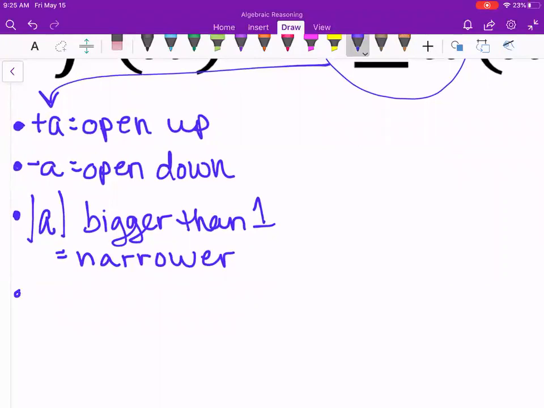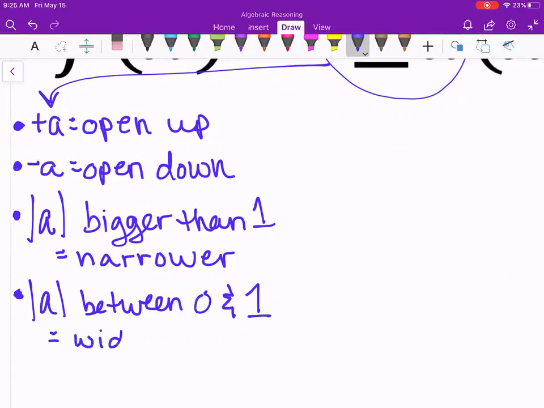We also talked about, to wrap up the A, if the absolute value of A was between 0 and 1, this meant it was wider than the original. So remember, big thing here with the narrower or wider means that whatever is inside those absolute value bars, we just want the positive version of that number.